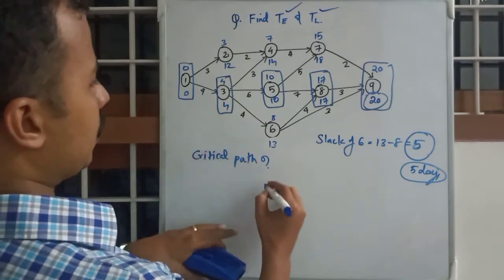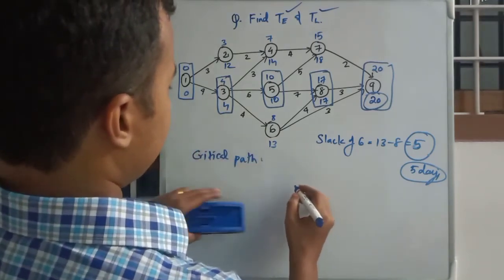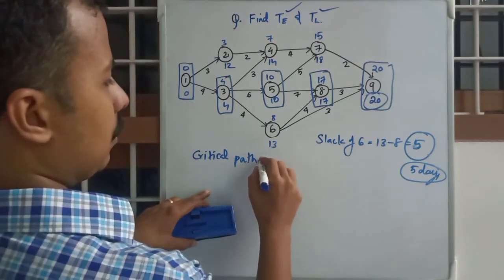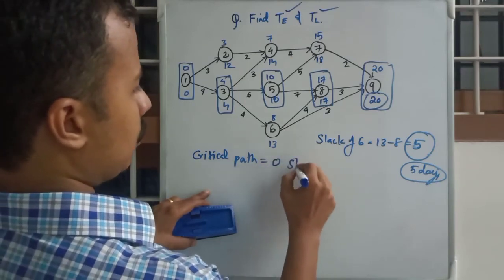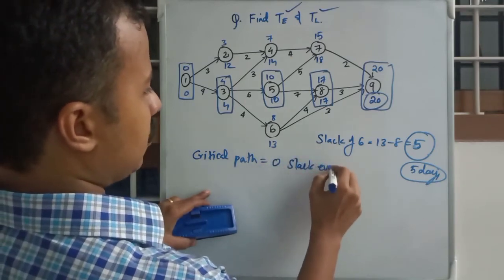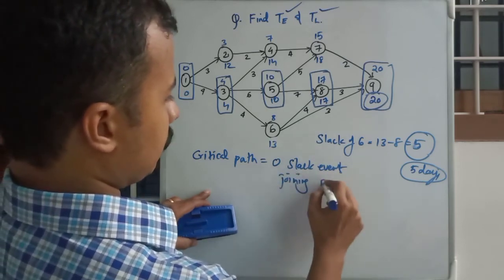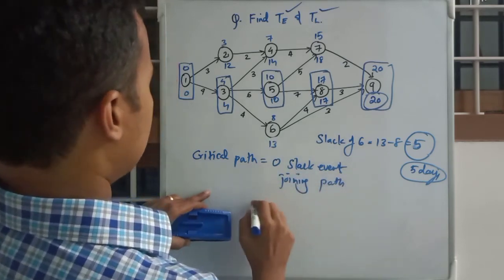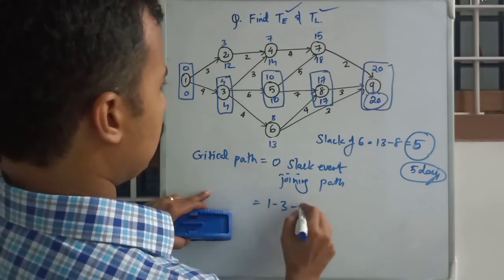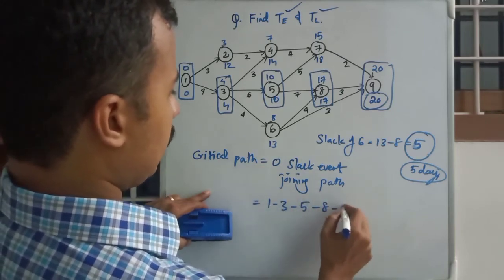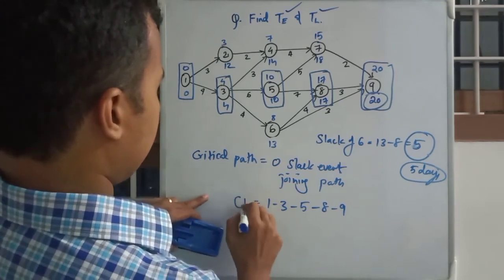So we need to find critical path, which is the 0 slack event joining path, that is 1, 3, 5, 8 and 9.